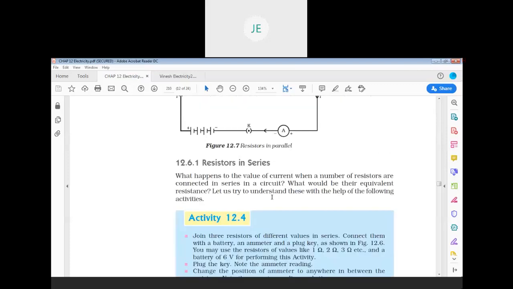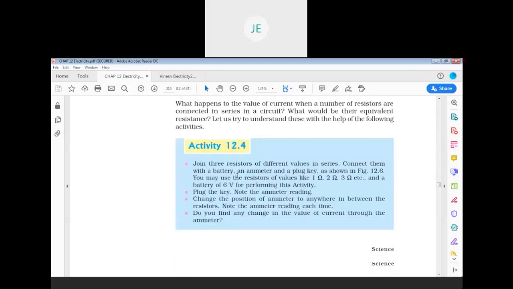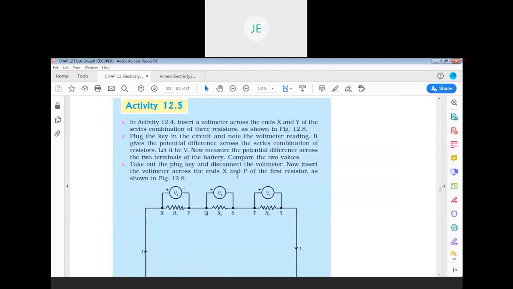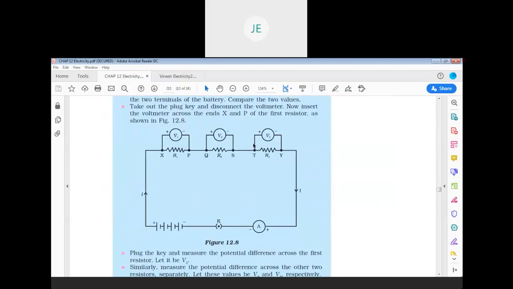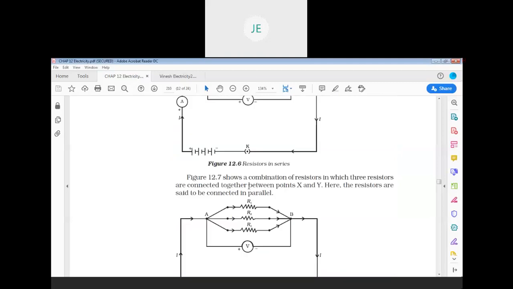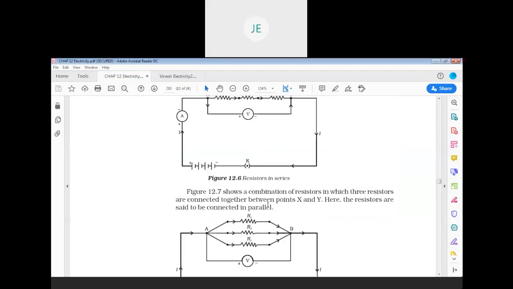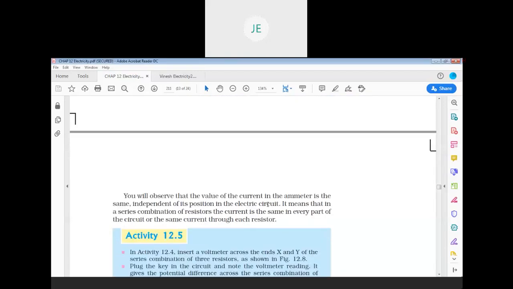So let us go in depth. Resistors in series. When you add R1, R2, R3, say you take 1 ohm, 2 ohm, 3 ohm, and you connect an ammeter in between R1 and R2 or R2 and R3, and you try to compare the current values, the current value remains the same.